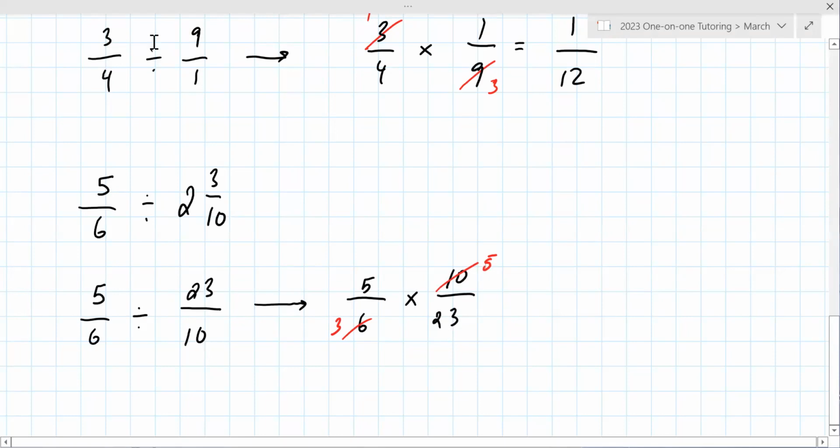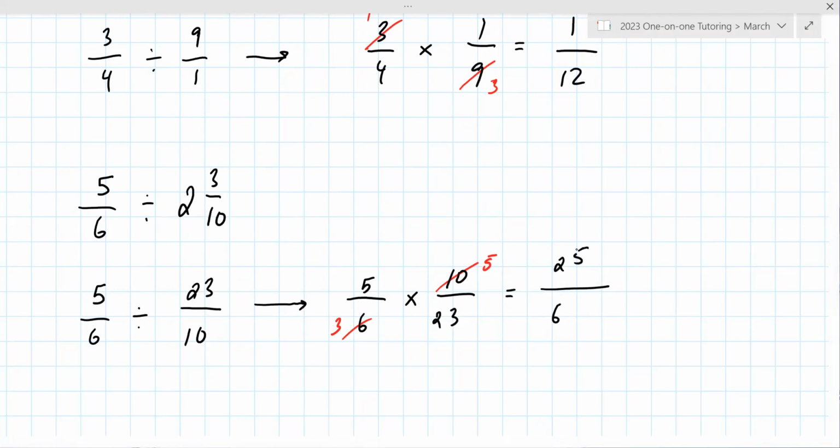Yeah, you can, but that becomes 5 and 3, and then you multiply the tops. 25. Okay. Multiply the bottoms, 6 times 23. Oh, this is gonna be a large number. 60. Wait, no, it couldn't be 60. What would it be?